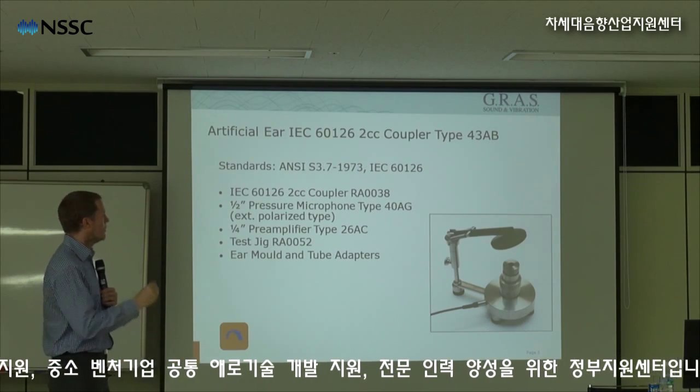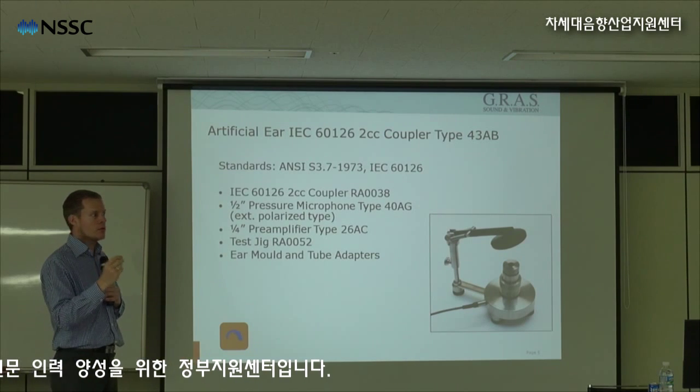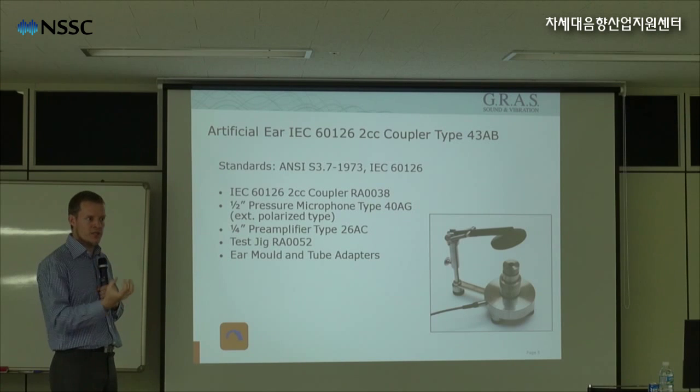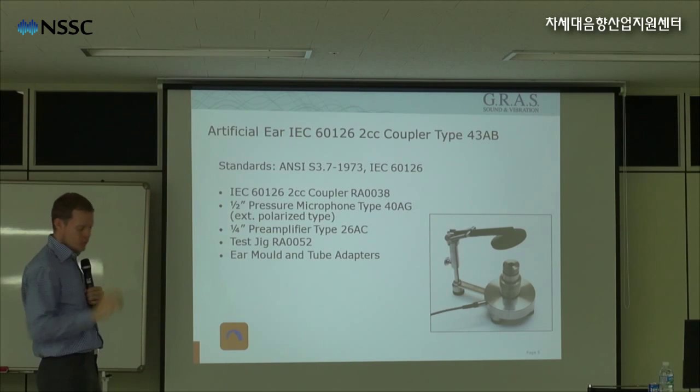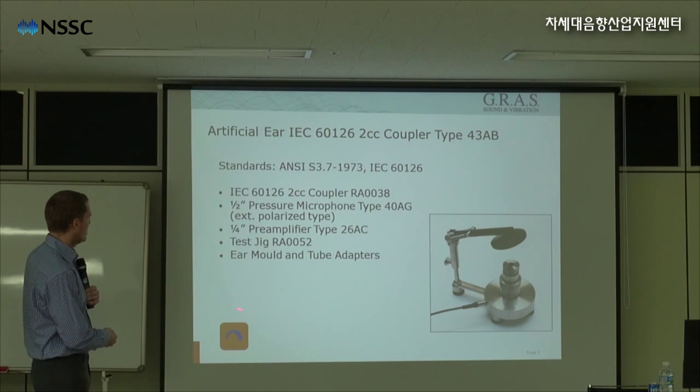So this is a cavity with a microphone inside, where the other one is more just the outer ear, and you measure it directly. So it's two different approaches. This ear is standardized, and it is typically used in the hearing aid industry.